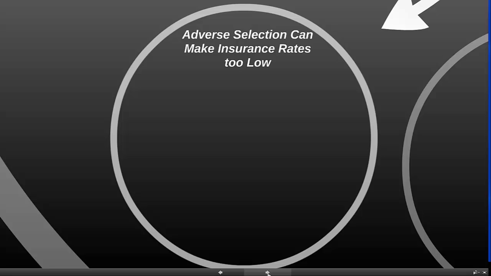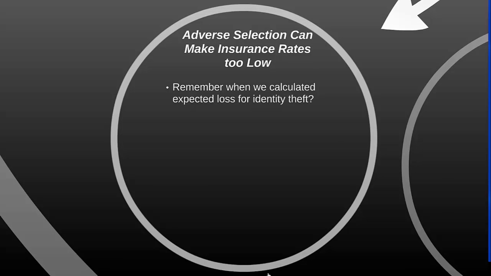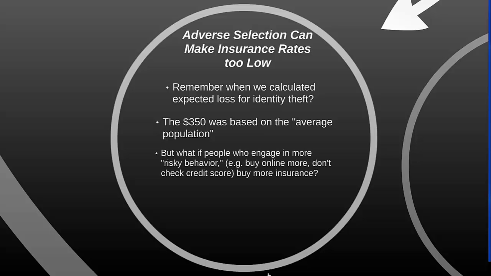Adverse selection can make insurance rates too low. Remember when we calculated the expected loss for identity theft? The $350 that we came up with was based on the average population. But what if people who engage in more risky behavior, for example, they buy online more and they don't regularly check their credit score, buy more insurance to protect them from identity theft?